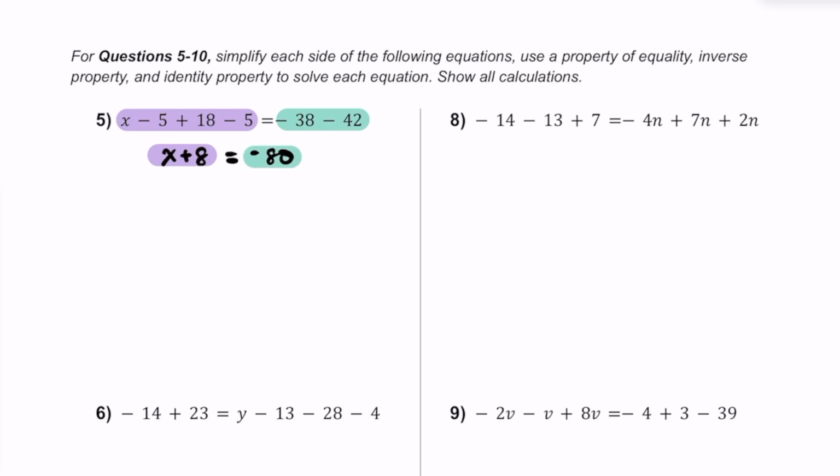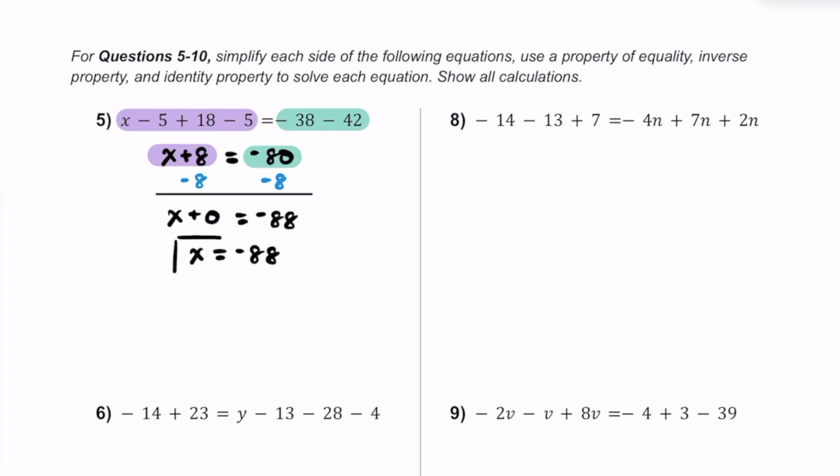After we simplified, let's use one of those properties of equality. So I think we're going to use the subtraction property of equality. Let's take away 8 from both sides. If we do that, we're going to end up with x. If we do the additive inverse property, we're going to get 0. And then negative 80 minus 8 is going to be negative 88. And then if you use the identity property of addition, we can drop the 0 and say x is equal to negative 88.